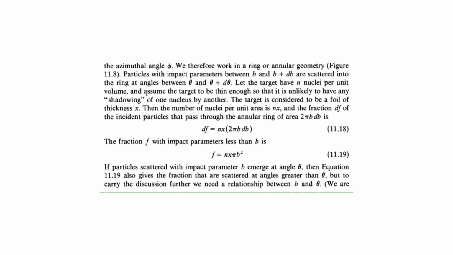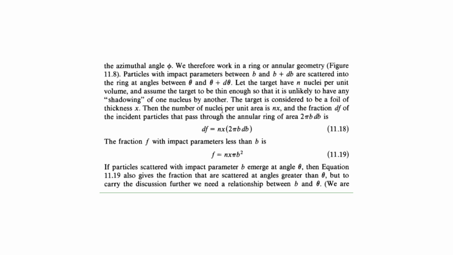Now if the target has n nuclei per unit volume, and if we look at the number of nuclei per unit area, it is nx if x is the thickness of the target. Okay, so n is number per unit volume and x is thickness.